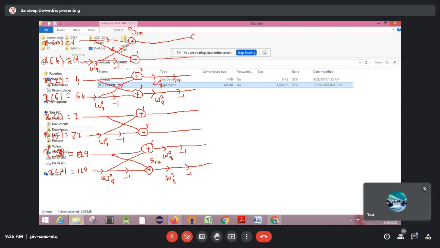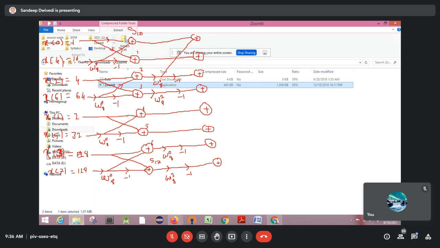Then adder, then after the Twiddle factor, an upward line like this.